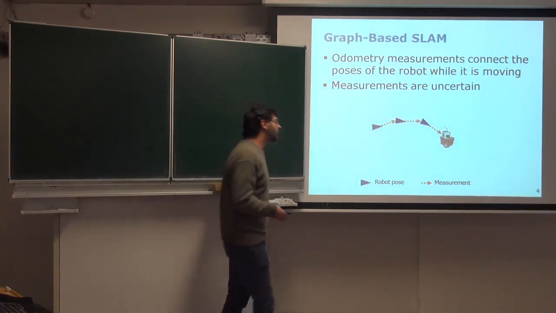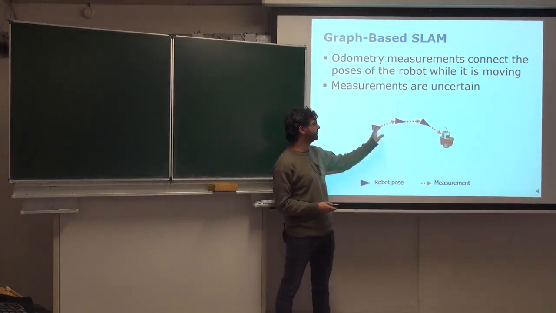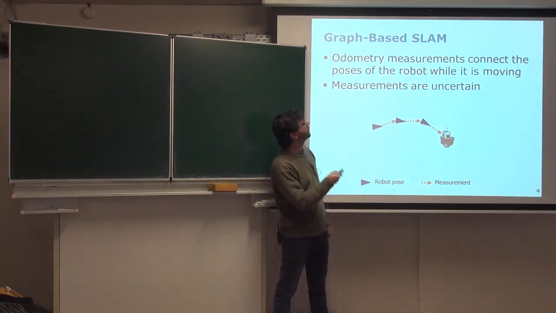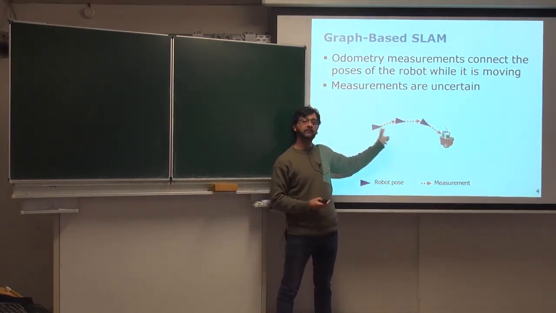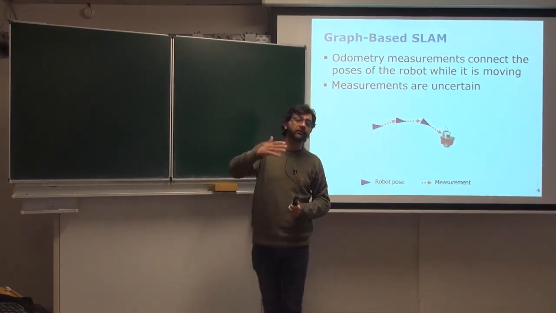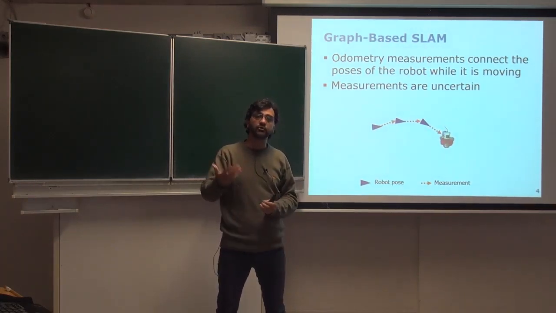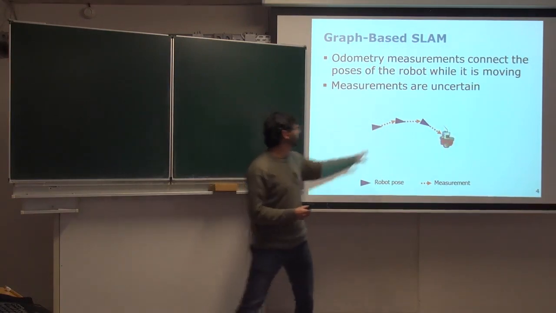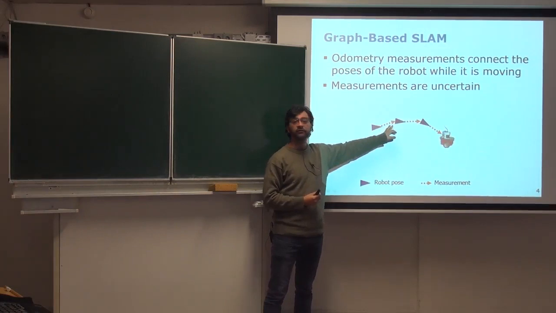So when the robot moves in an unexplored environment, we go over time, and we connect the pose at time t with the pose at time t+1, and the measurement between them is the odometry measurement. So it's what before in the filtering approach we were calling the motion model. How the robot moves is described by this arrow here.